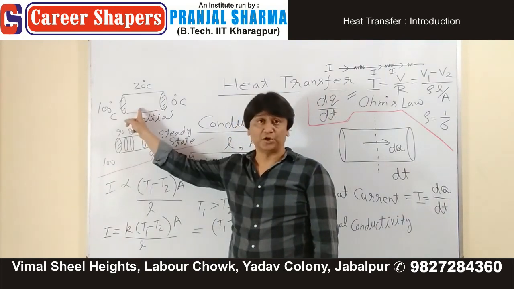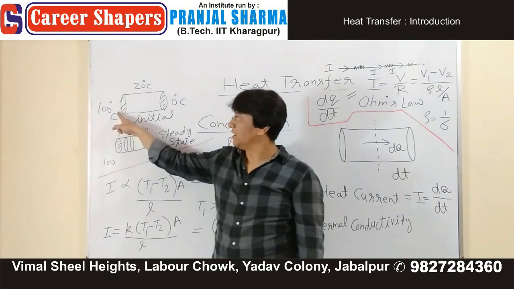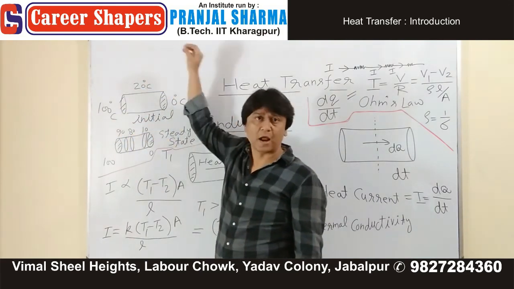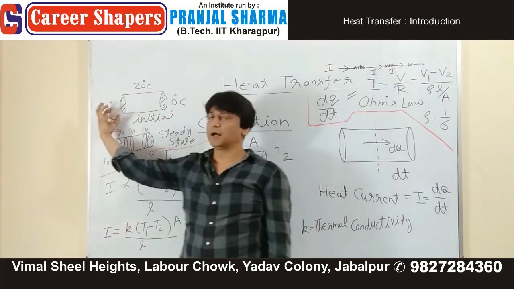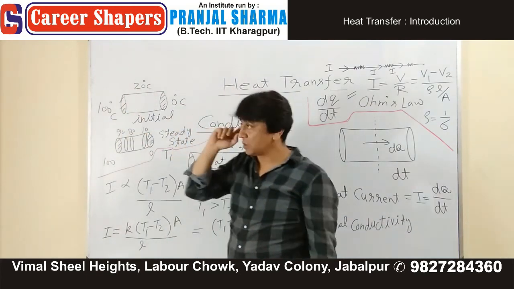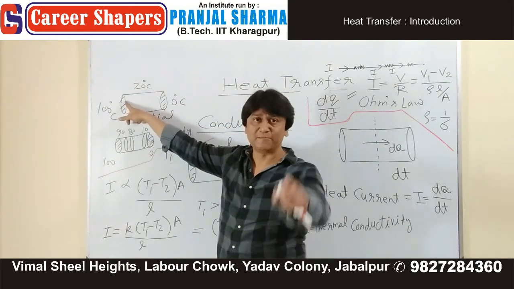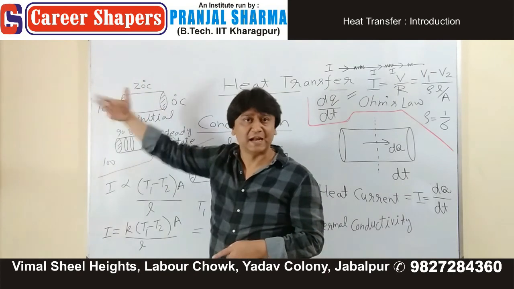Not in this condition. What was happening just now? In the initial condition this end is at 100. The very first moment you bring the rod and put this end inside the steam box, if 35 had moved from here, then part of that 35 joules will be absorbed by this cross section, so that its temperature increases from 20 and becomes what? 99.